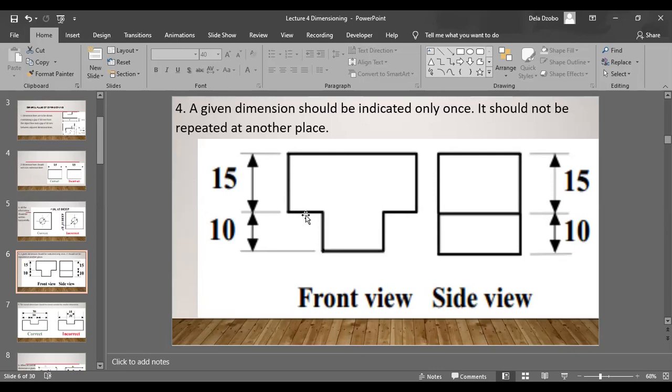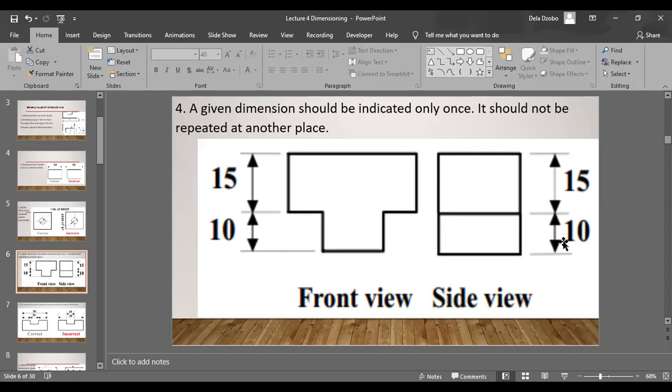As we will see soon in orthographic projections, they are just two different views, front view and side view, of the same object. So if we show this dimension here, this is the front view, and we are describing the front view with some dimensions. When we come to the side view, we should not indicate the same dimensions again.